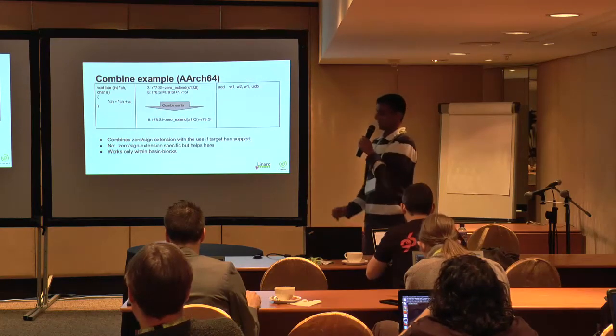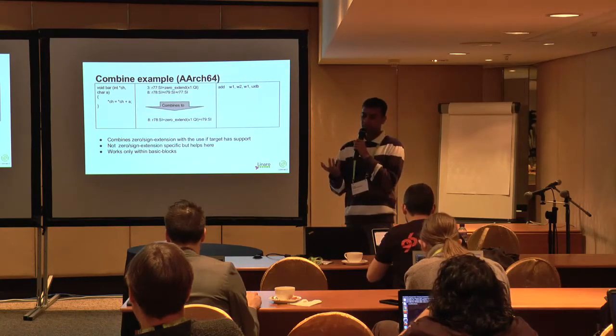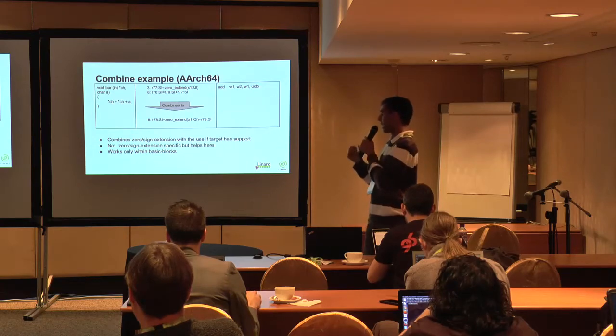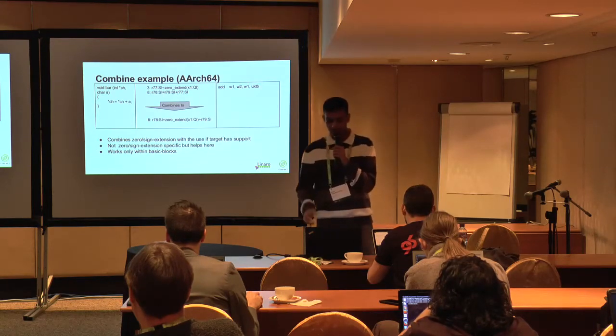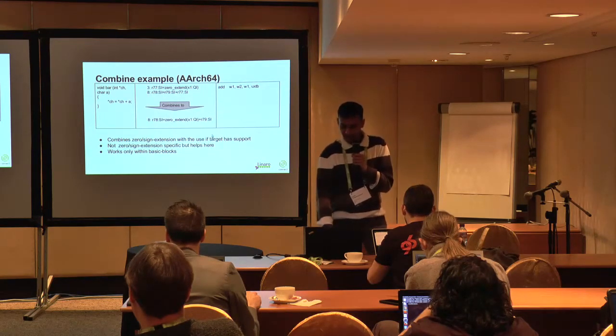So let's look at a combine example. As I said earlier, combine combines the extension with the use if the target has support for that. For example, if you look at instruction 3 and instruction 8 here, we have an extension followed by a use.